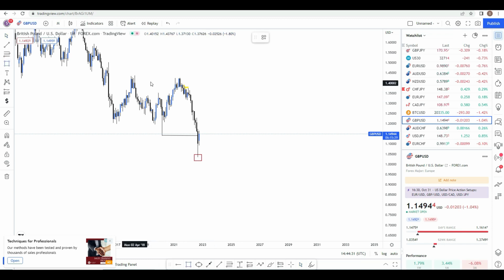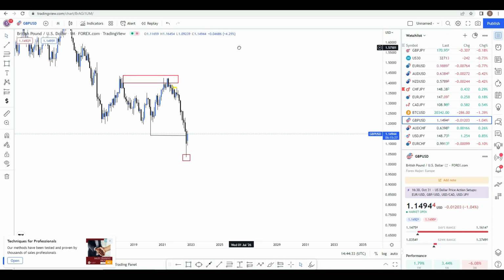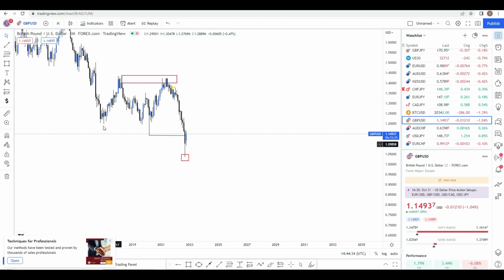Price came from this area right here, right, which is a supply level, right? You can see that actually we had a lower low, a break of structure, right, and then price went back to a nice decision point, a supply level, right? And this is the reason why we've got a new low, right? So this is a very important level right now if we look at this from the monthly time frame, right?